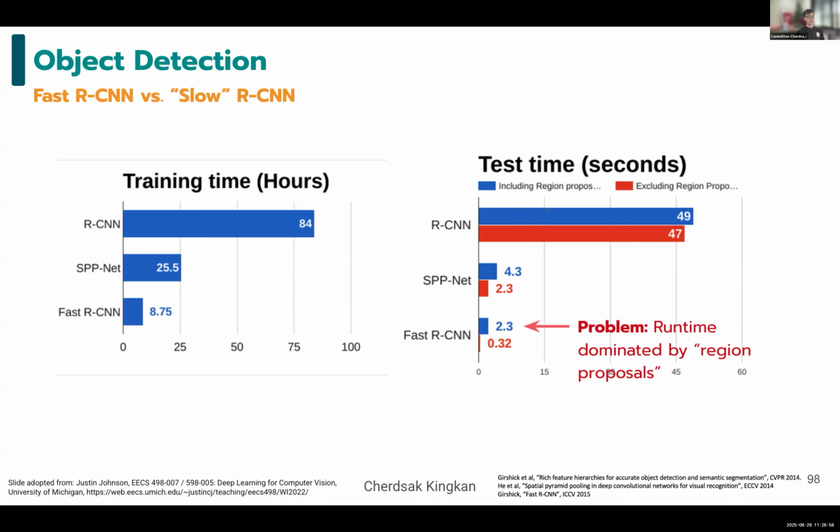If you compare the time that includes the region proposal method and excludes it, it's like 10 times, right? Which means that there's room for us to improve here. There's a problem with using region proposal methods.